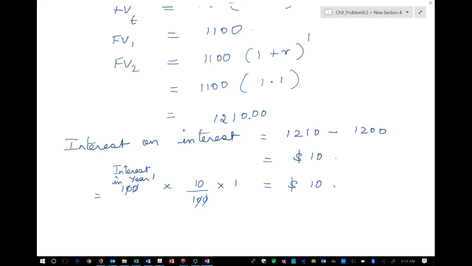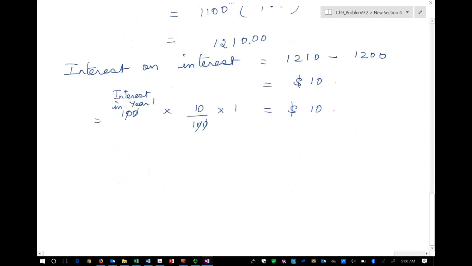Obviously, you should be saving much more, you should not be just saving $1,000. If your average interest rate is 6%, what would be the value of the retirement nest egg that you will have at the end of the 30 years? So, let us do that problem. I want you to do it on your own now.